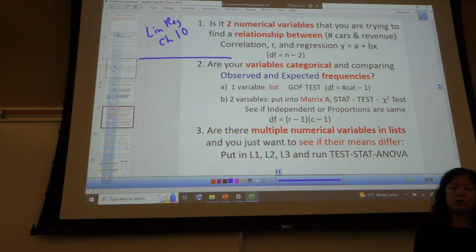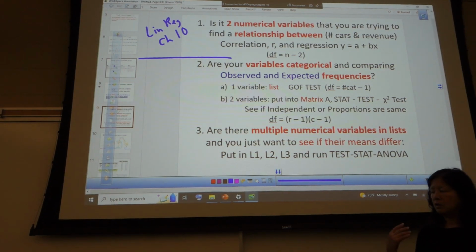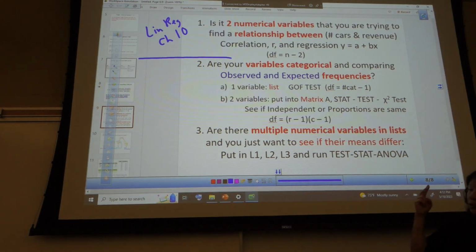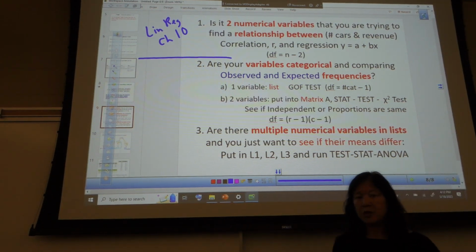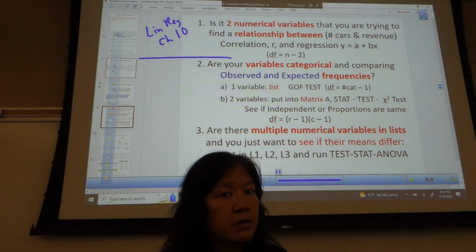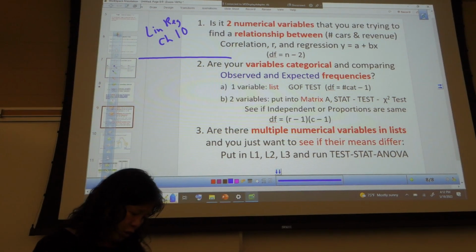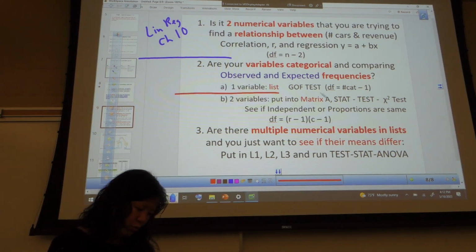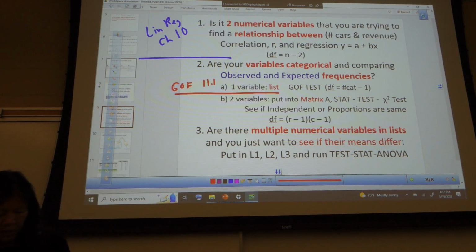Like Mexican food, Japanese food, Italian food. Then that's categorical. If you know one variable about each person, that's going to be that goodness of fit test. So GOF is when you know one variable. That's 11.1. And if what you know about them are two variables, then that's going to be the matrix. That's the chi-squared matrix.